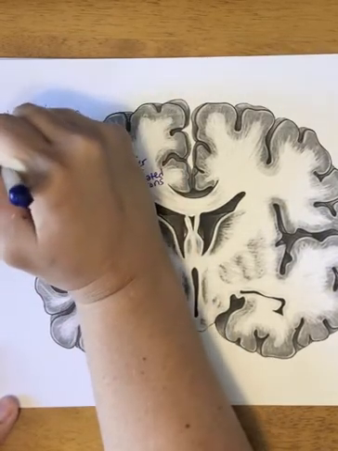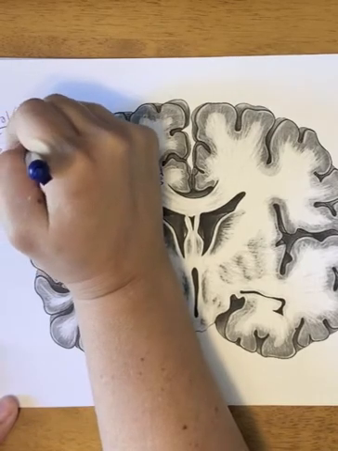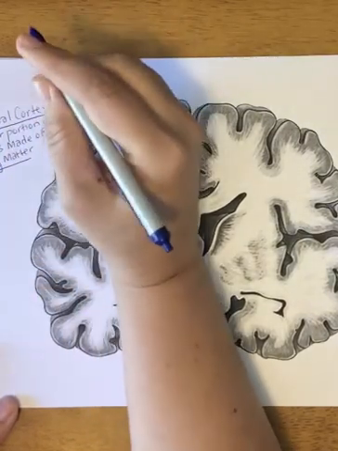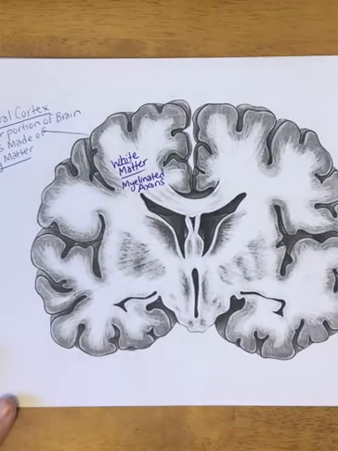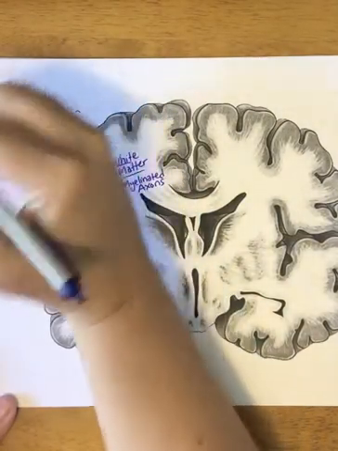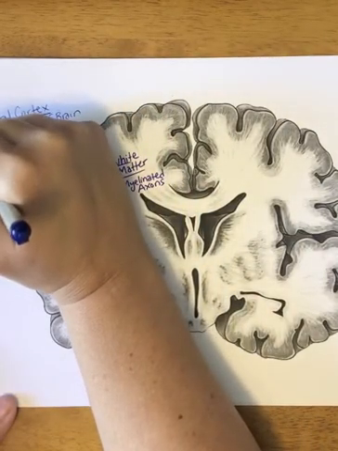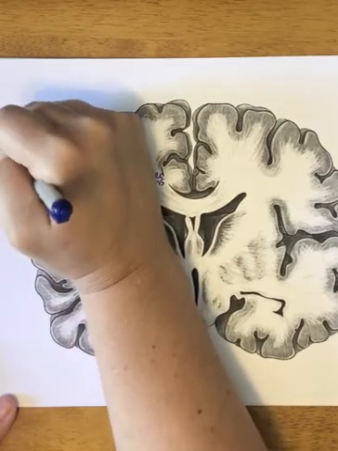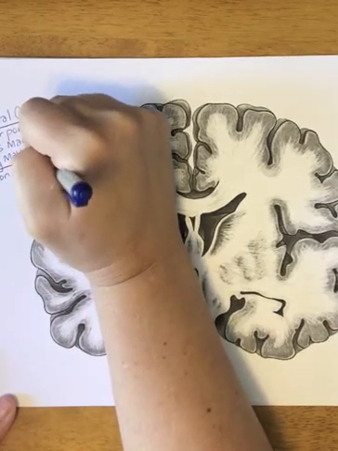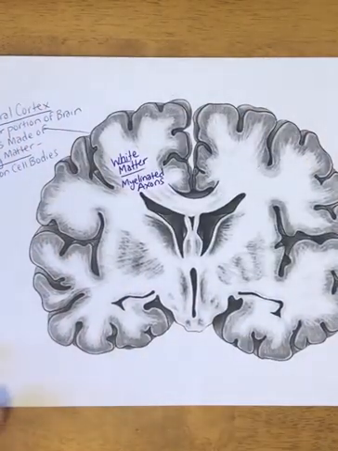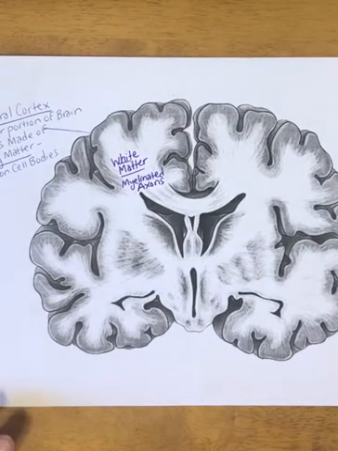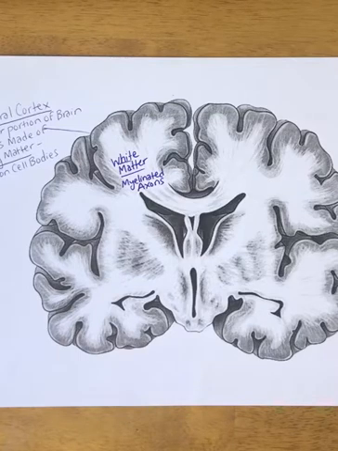Gray matter is going to represent our neuron cell bodies. So, white matter versus gray matter is both in the spinal cord and in the brain. So this is a frontal section of the brain.